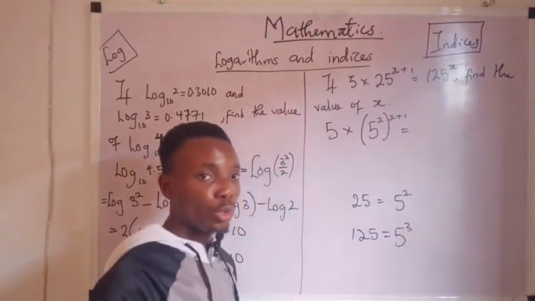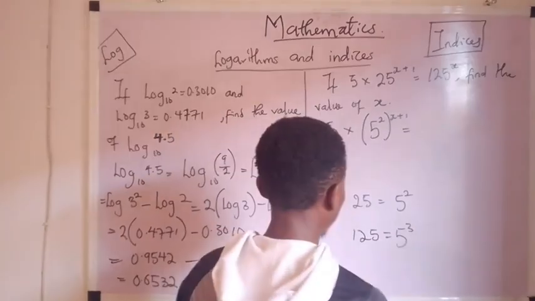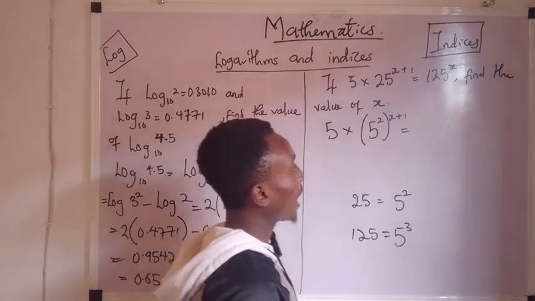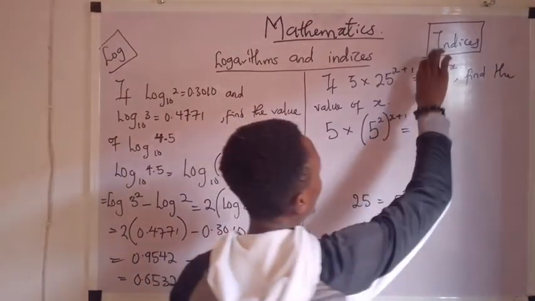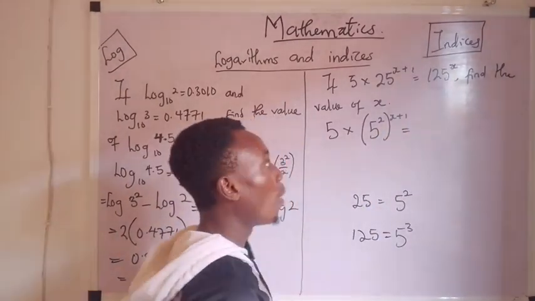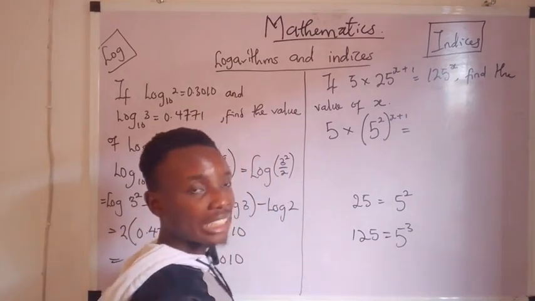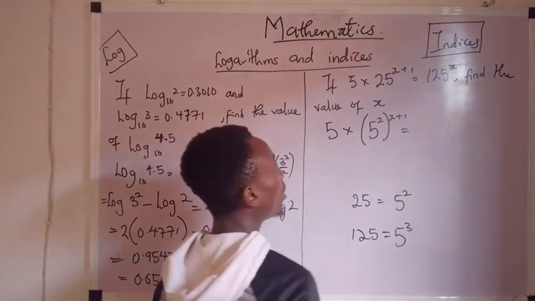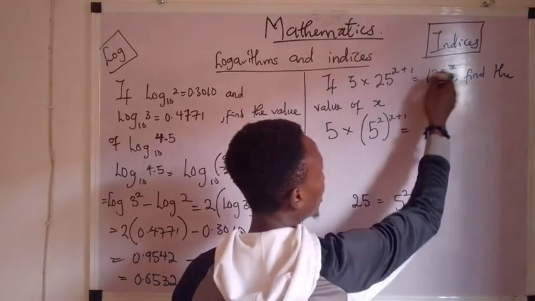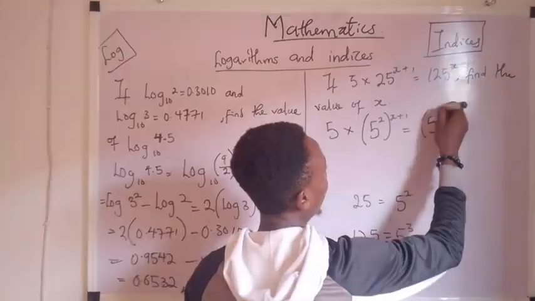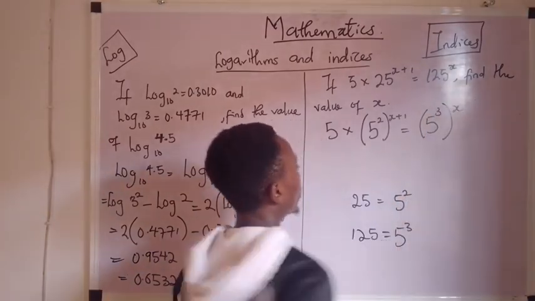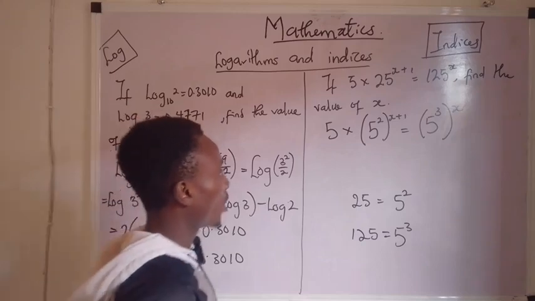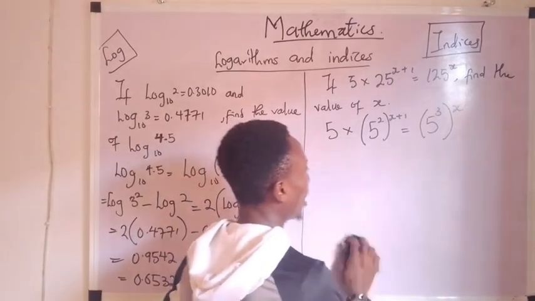If you follow that video where I taught on indices for SS1, you will use that chart and you'll be able to easily discover the roots of numbers down to even the 6th and 7th roots of numbers. Now you replace this one with 5 raised to power 3, like this. Okay, we are close to getting our answer now.